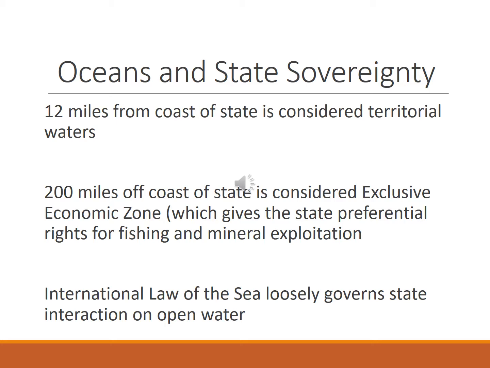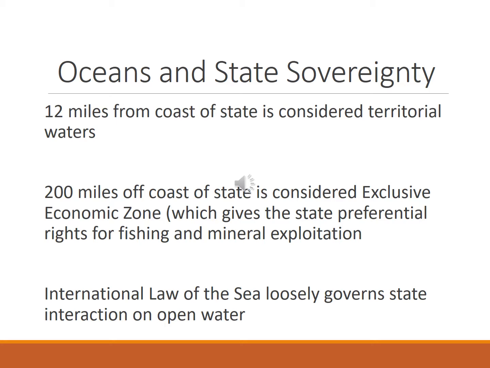where the state gets preferential rights in terms of economic exploitation with regards to fishing rights, with regards to mineral exploitation, with regards to any number of resources that can be harvested from this economic zone.